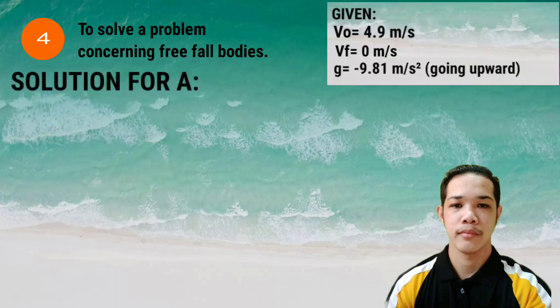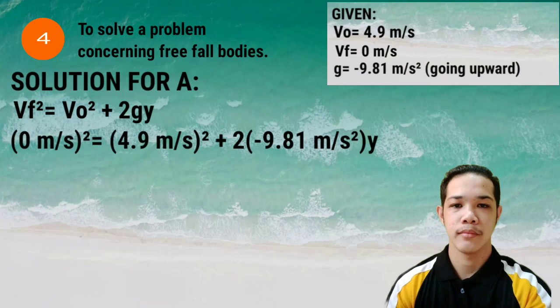For the solution, in letter A, we use the formula v sub f squared is equal to v sub i squared plus 2gy. Then substitute the given values into the equation. 0 meters per second squared is equal to 4.9 meters per second squared plus 2 times negative 9.81 meters per second squared multiplied by y.